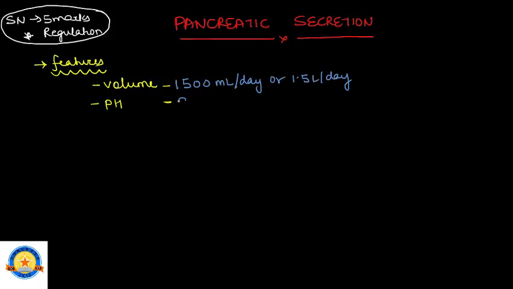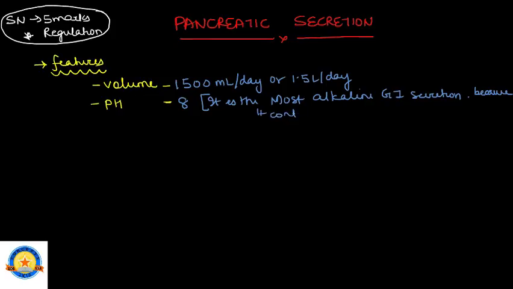Then write in brackets: it is the most alkaline GI secretion. Why? If someone asks you why, because it contains a large amount of HCO3 negative.